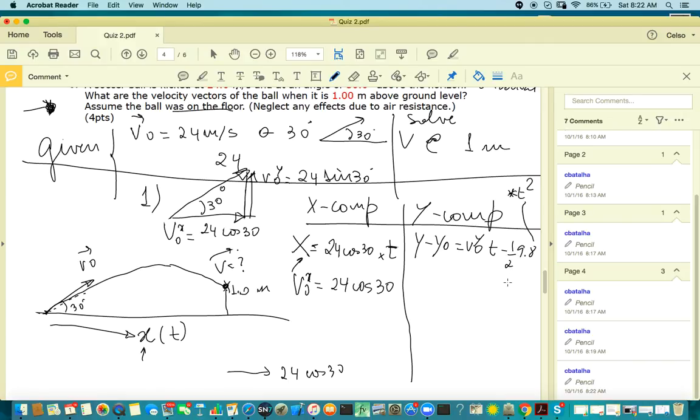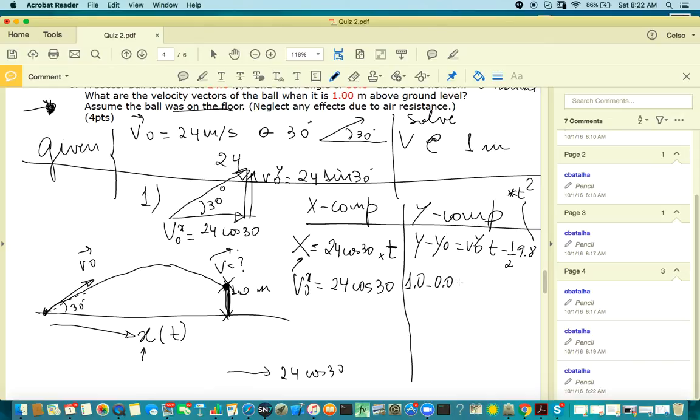It's interesting because here I have the displacement. The final displacement is 1 meter above the floor, and the initial displacement where the ball was kicked was at the origin, 0. So y final minus y initial is basically 1 meter.